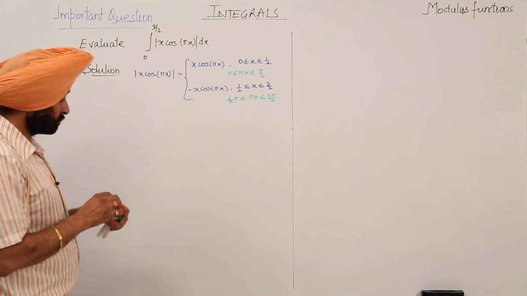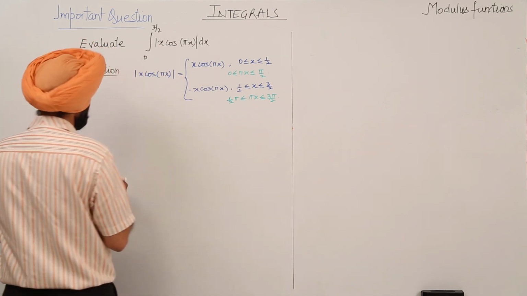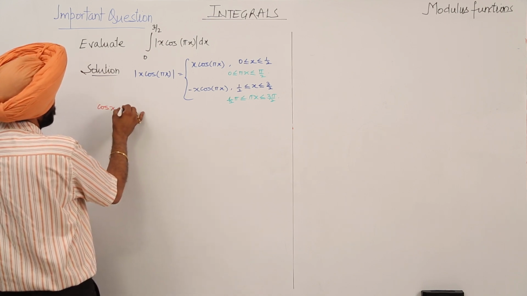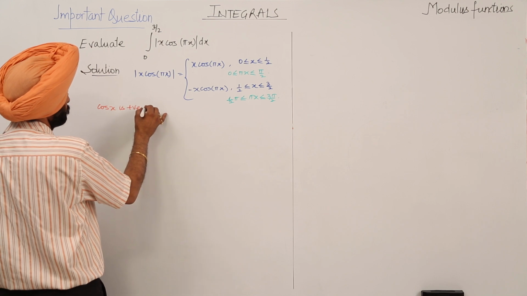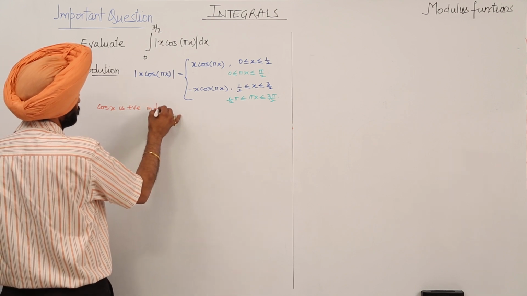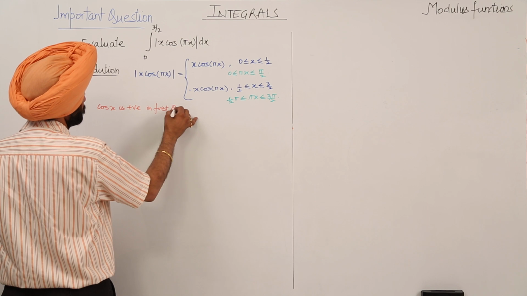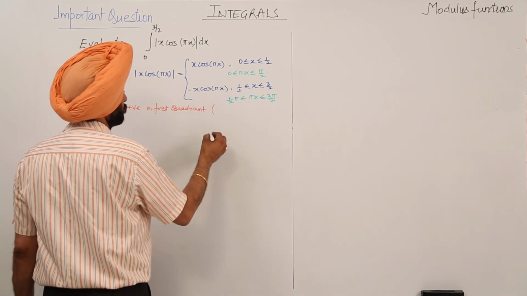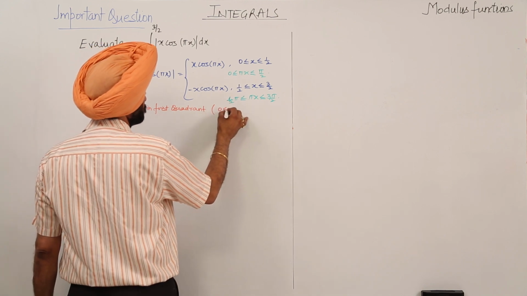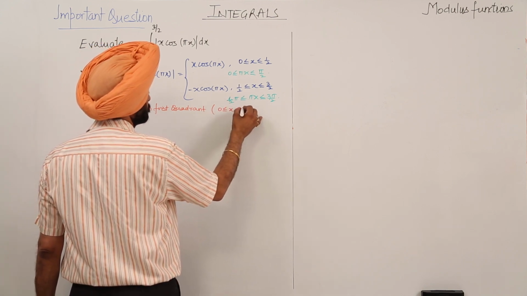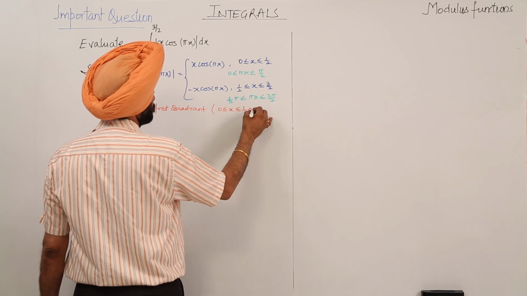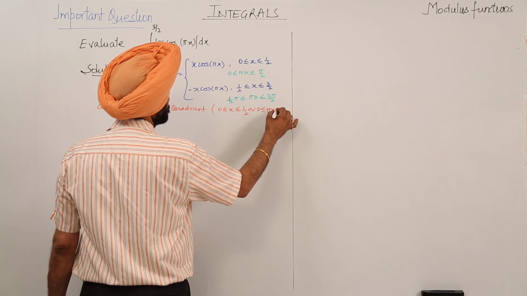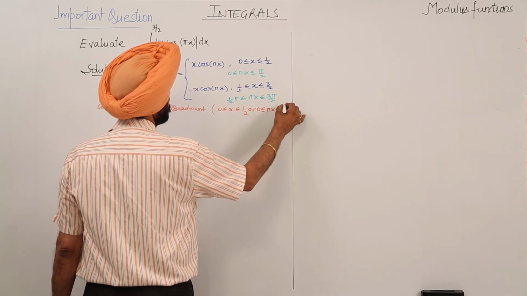Now remember one thing, what we are doing now. Cos x is positive in the first quadrant, therefore we have taken 0 ≤ x ≤ 1/2, or 0 ≤ pi x ≤ pi/2.